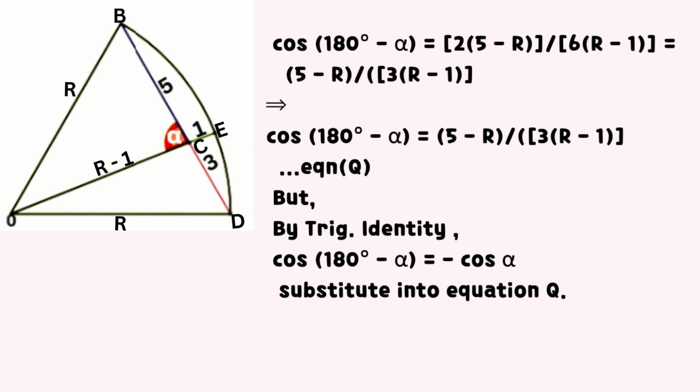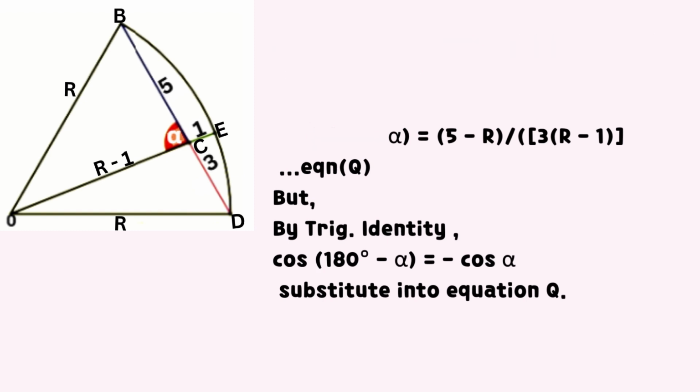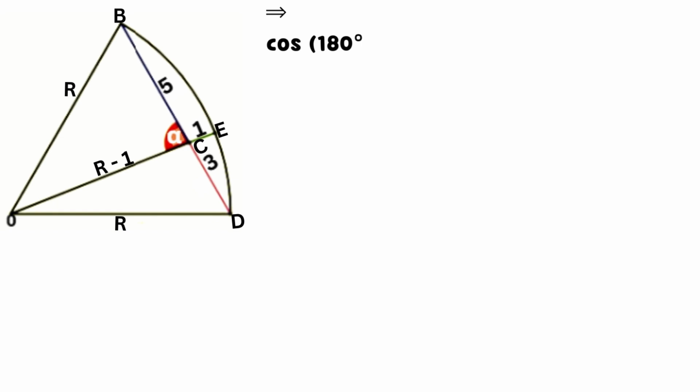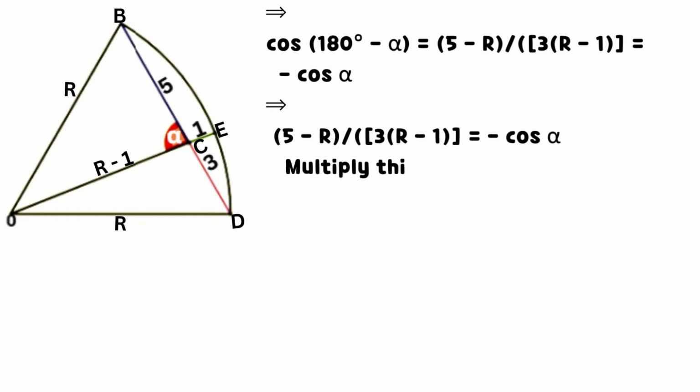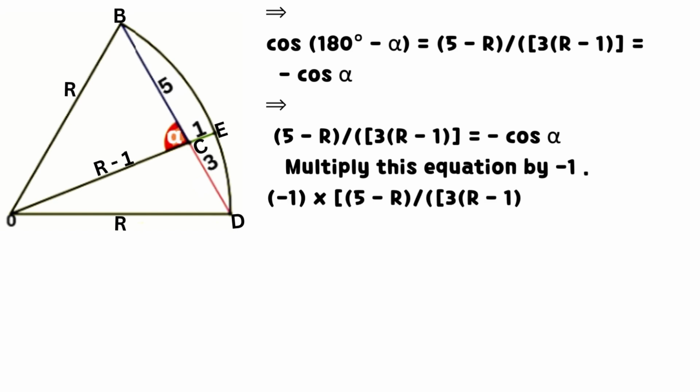But by trigonometric identity, cosine 180 degrees minus alpha equals negative cosine alpha. Substitute into the equation. Cosine 180 degrees minus alpha equals 5 minus R, divided by the product of 3 and R minus 1, which equals negative cosine alpha.